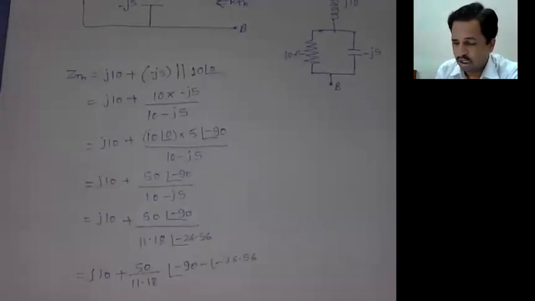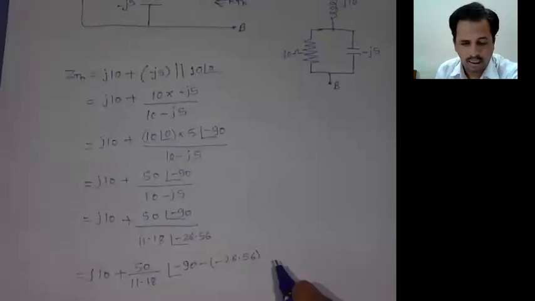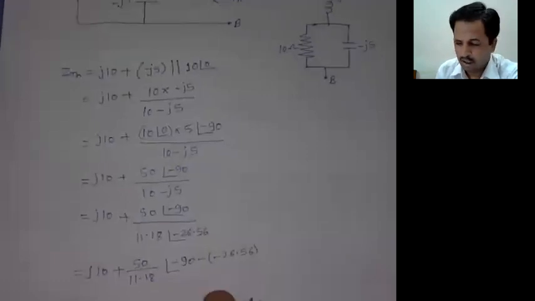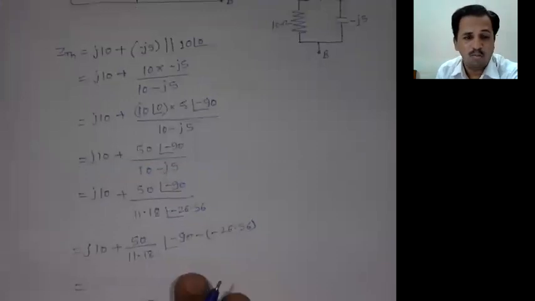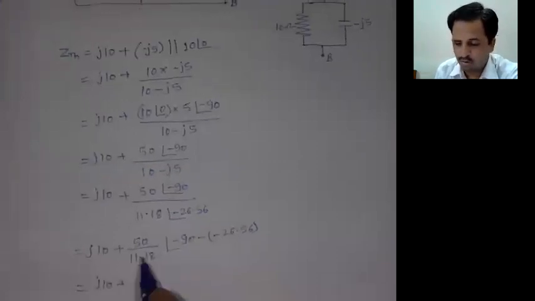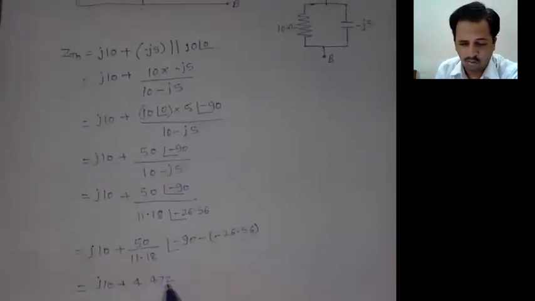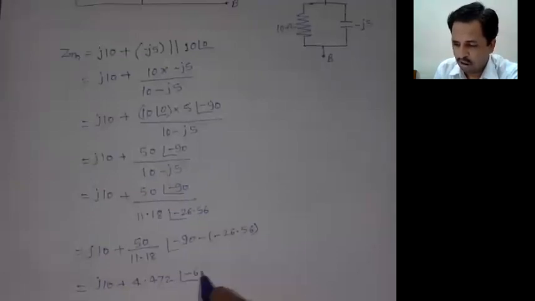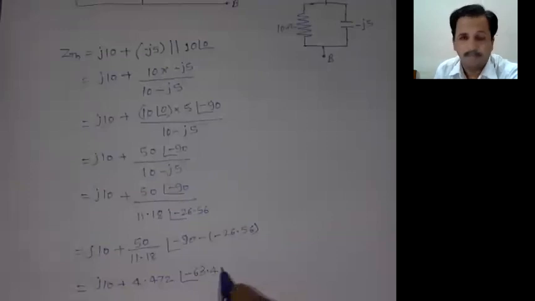Whatever quantity we obtain is again negative, because the 90 degree is the larger term. Here j10 plus this value becomes 4.472 with the angle minus 63.44.